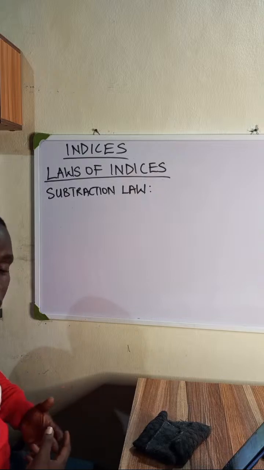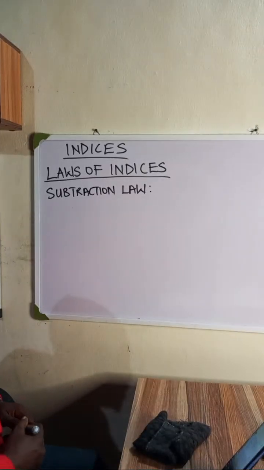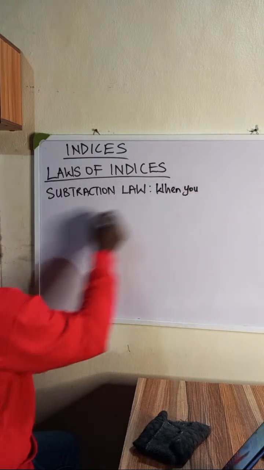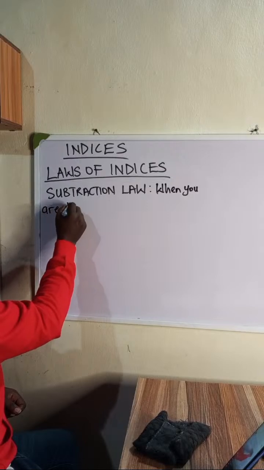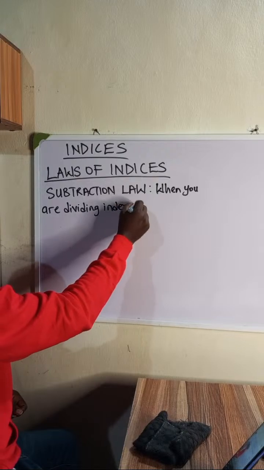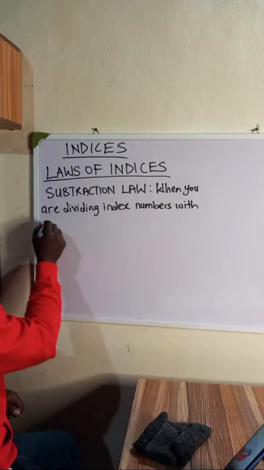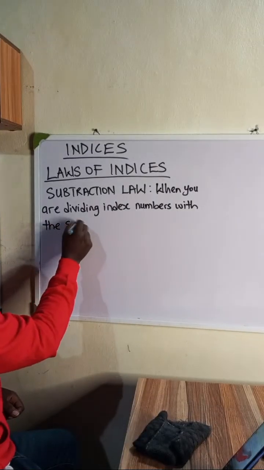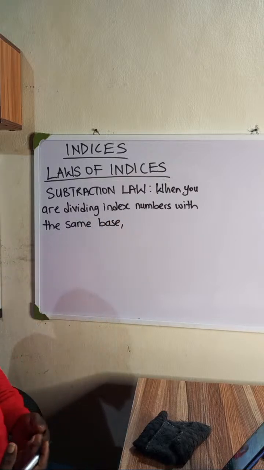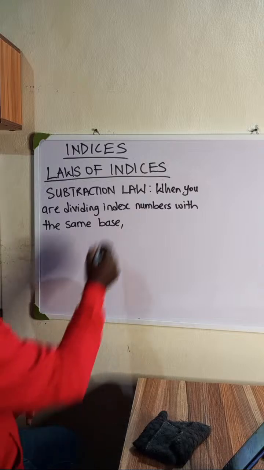In that situation, we are going to add the exponent. But when you are dividing index numbers with the same base, all you need to do is subtract the second exponent from the first exponent.